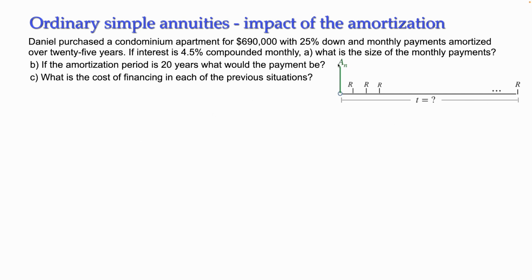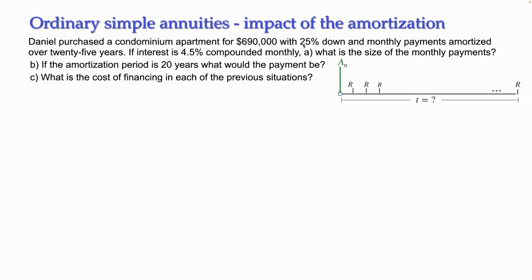So the present value, in whatever situation, is the amount that you finance. The finance amount is the cost of the condominium minus the down payment that you made. So this is an amount that you have not financed. For that reason, at the beginning, to know this AN, we need to subtract the down payment.